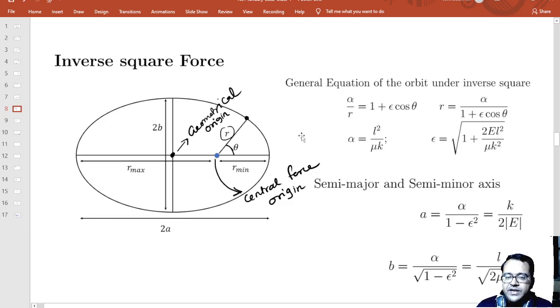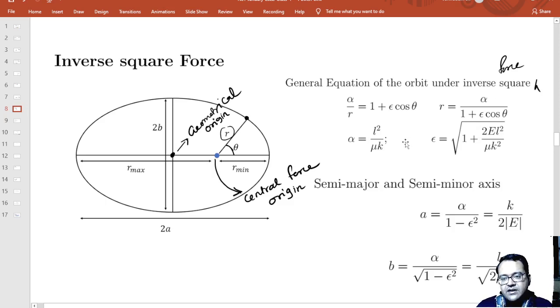Okay, then we have the general equation of an orbit under inverse square force. As you already have studied, the general equation of an orbit under inverse square force is alpha by r equals 1 plus epsilon cos theta. Inversely, r equals alpha by (1 plus epsilon cos theta).